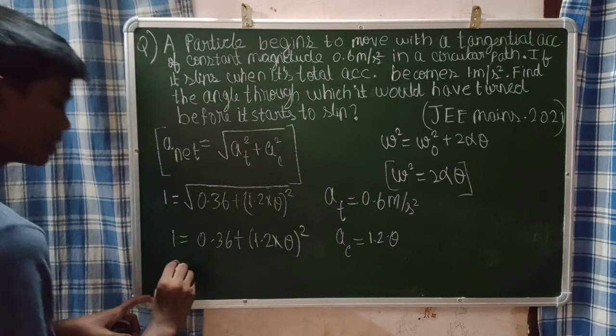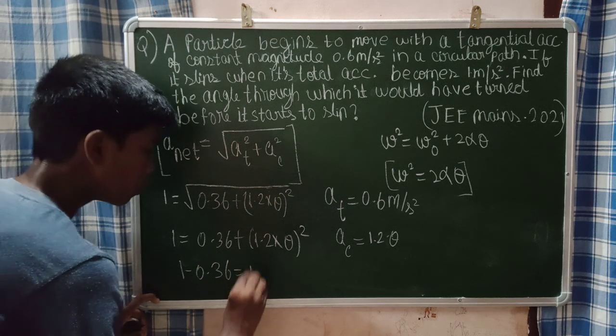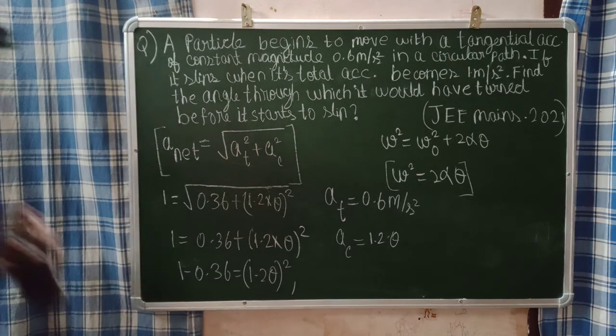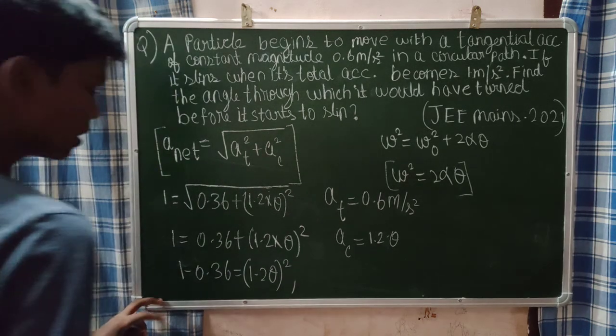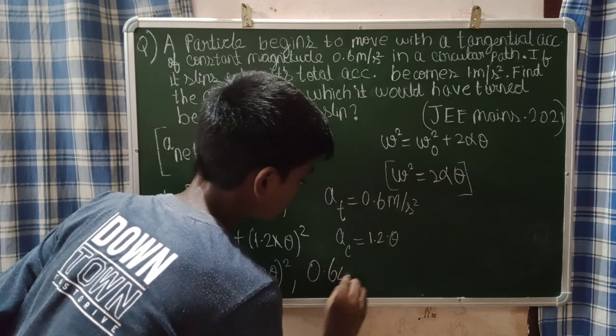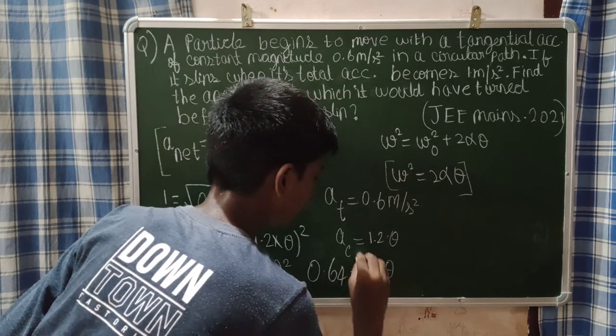Now we are supposed to solve this equation. So 1 minus 0.36 will be equal to 1.2 theta square. What is 1 minus 0.36? I think it is 0.64. So 0.64 will be equal to 1.2 theta whole square.